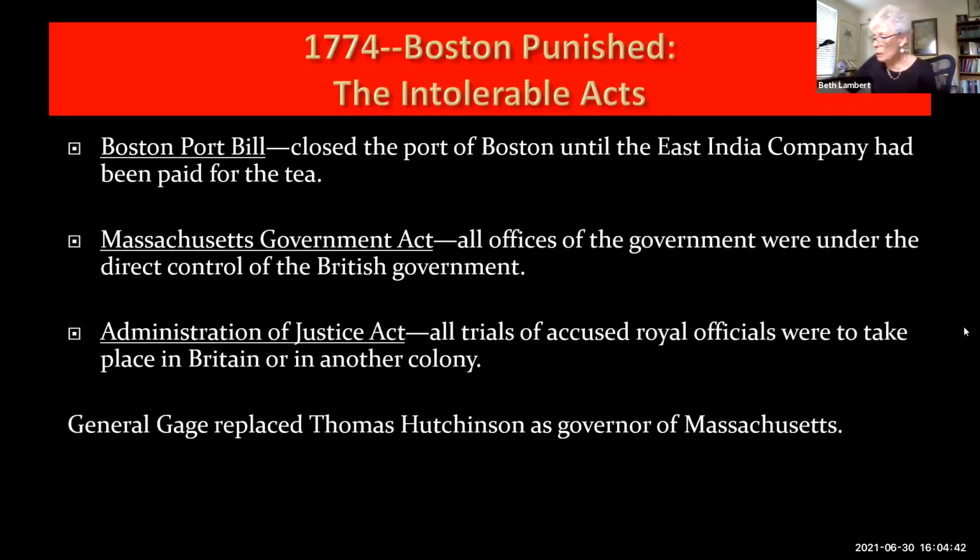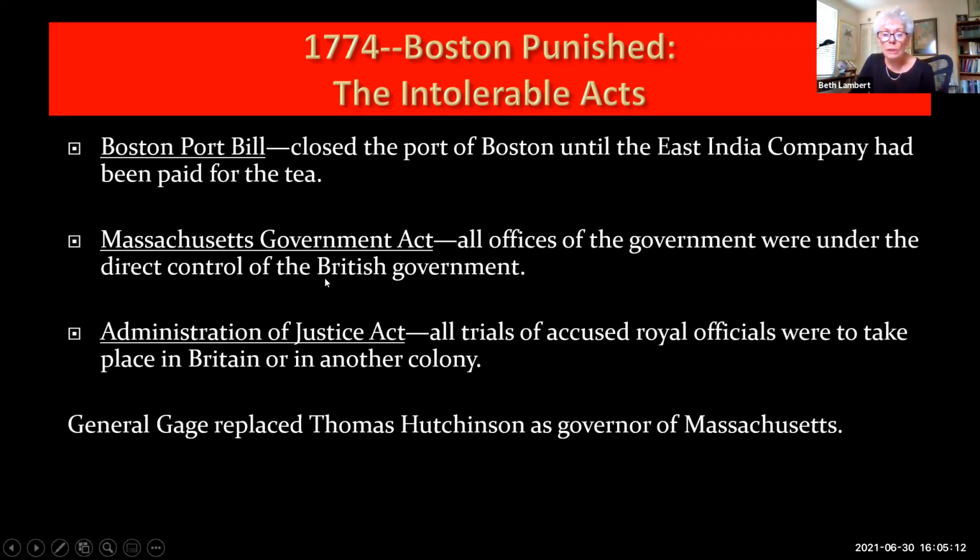And so because of the Boston Tea Party, as you probably know, Boston was punished by the Intolerable Acts. Now, this is another thing where you're going to read all kinds of versions. If you read colonial documents at this time, it sounds as though the people of Boston were absolutely starving because the port was closed.